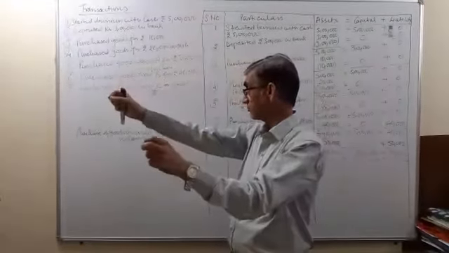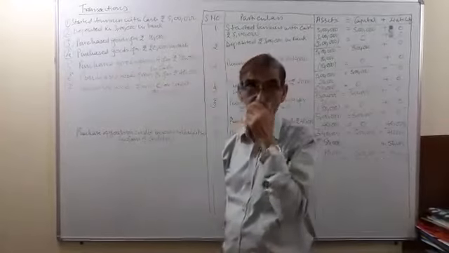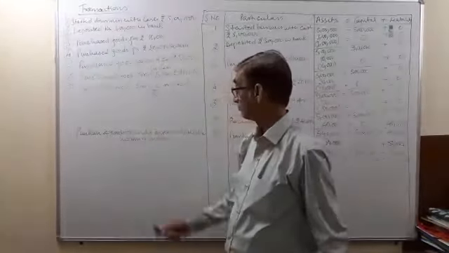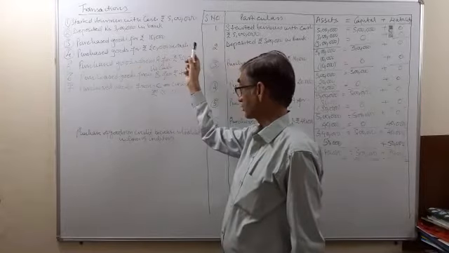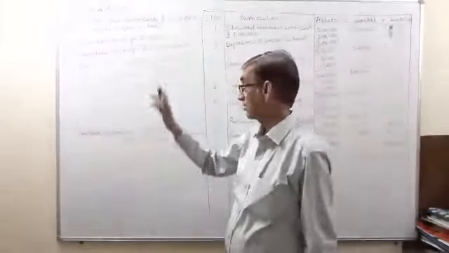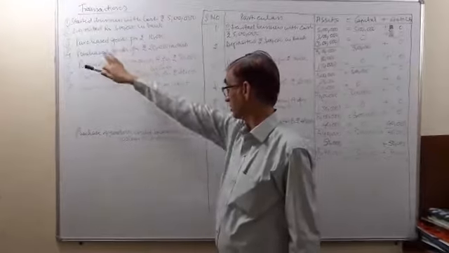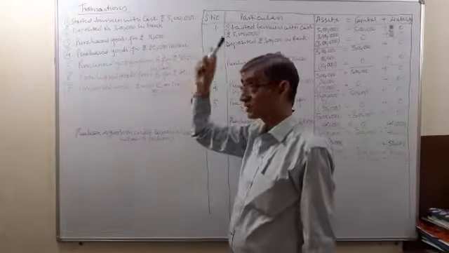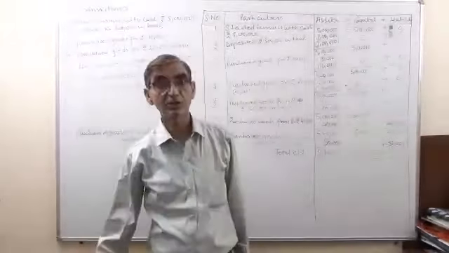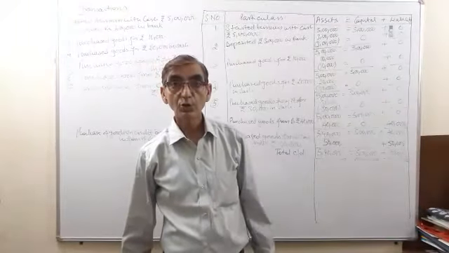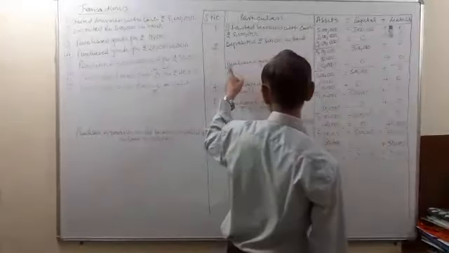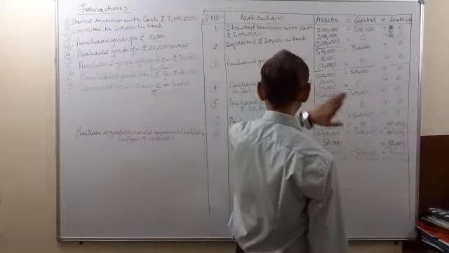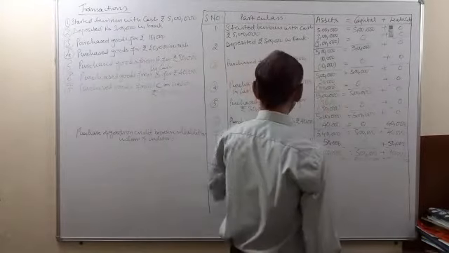It is just given purchase goods for rupees 10,000. So when cash or credit is not mentioned and a transaction is given in this order, you will assume that transaction to be a cash transaction. Means you have purchased goods for cash. You will write it as purchase goods for rupees 10,000 because we have to copy it.